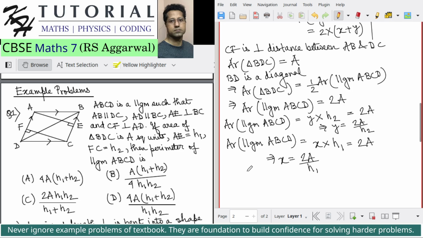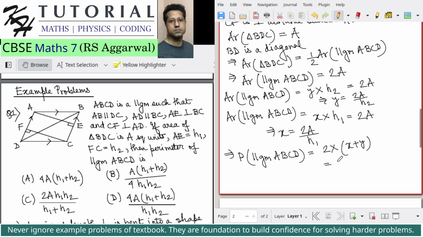So the perimeter of parallelogram ABCD will be 2 multiplied by x plus y, which is 2 multiplied by twice A by H1 plus twice A by H2.